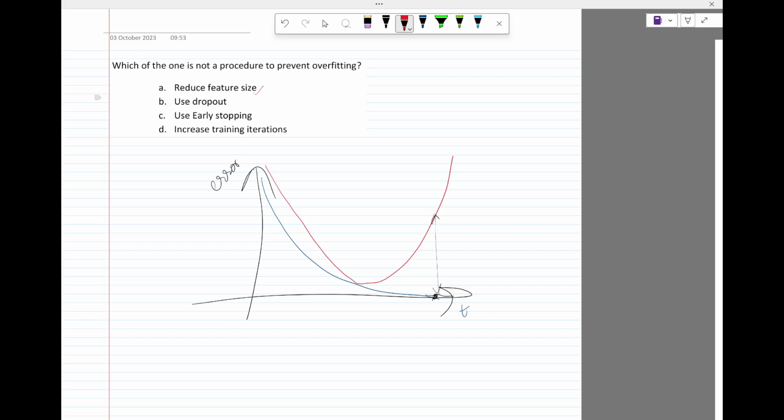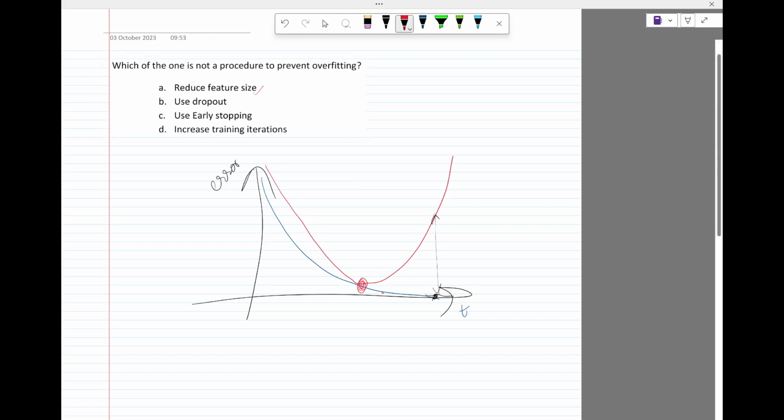The other option is use dropout. We just discussed that when we are using dropout, the model tries to learn different features for the same input. That leads to better generalization because it is not memorizing your input. Third is early stopping. Early stopping is you stop at this point. D is increasing training iterations.